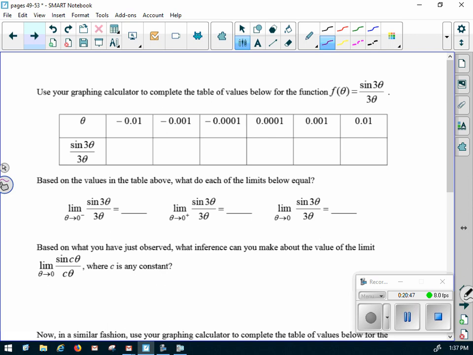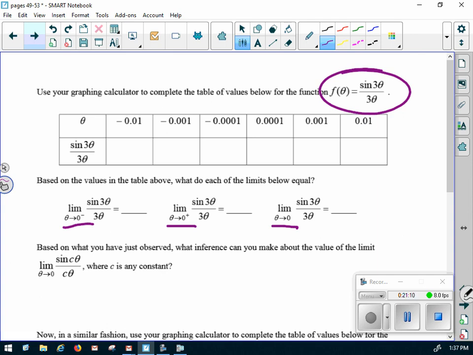Now, again, go to the next page. For time's sake, here's the deal. If you are trying to find this, and look here, see how we're trying to find the limit as theta approaches 0?